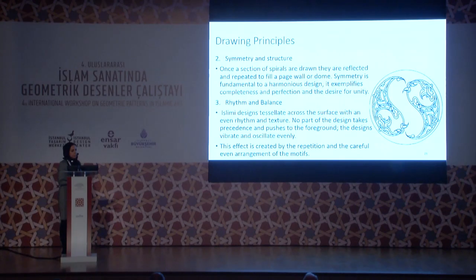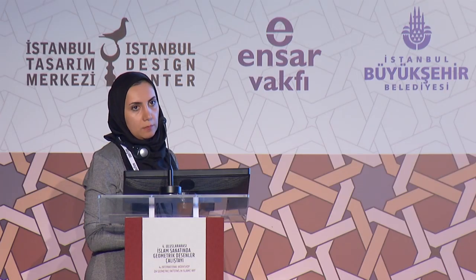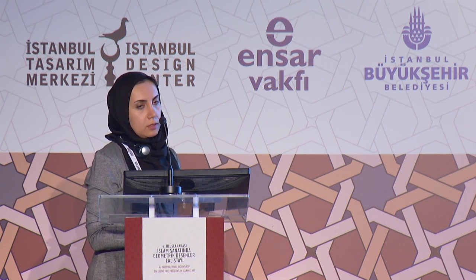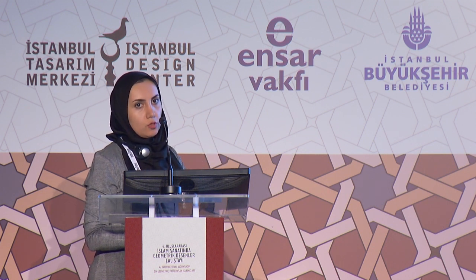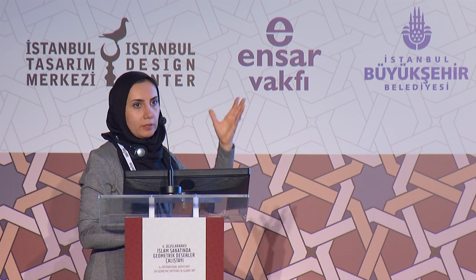The second rule is the symmetry and structure. Most of the time you can distinguish clear symmetry in the drawing of these spirals. As Prof. Majewski explained, you do not need to draw the whole thing.